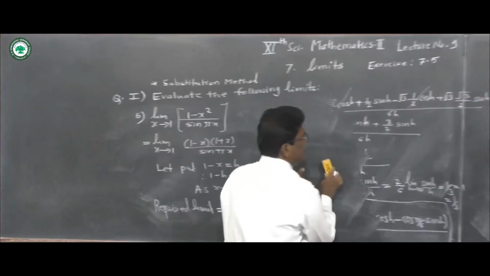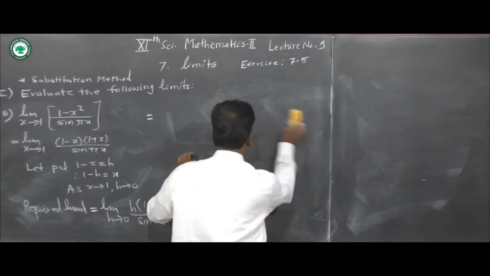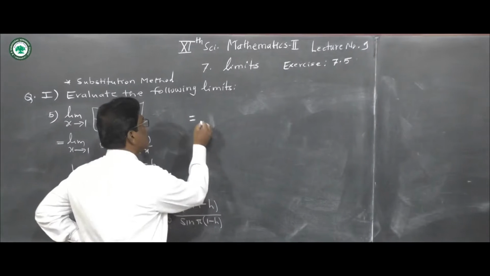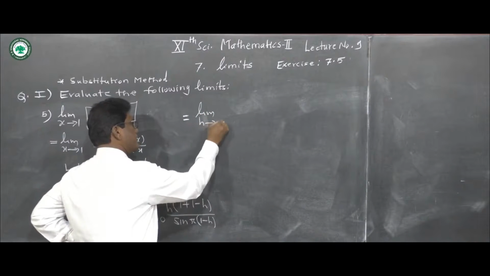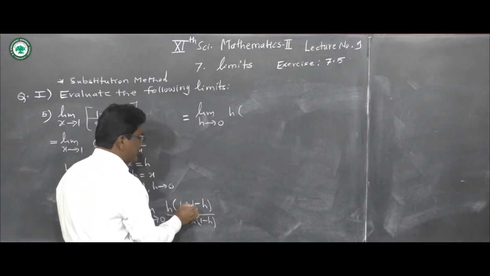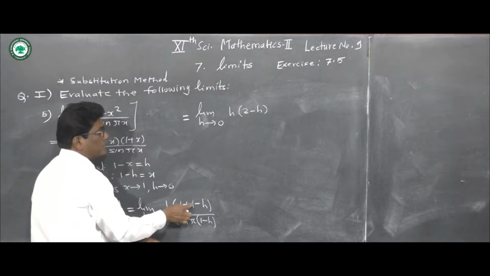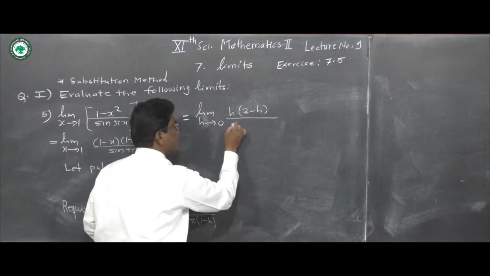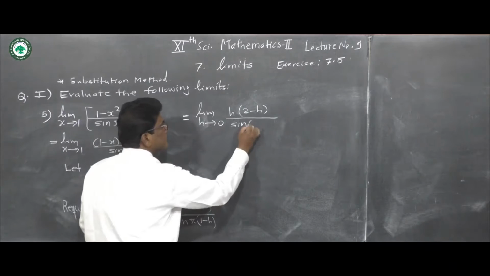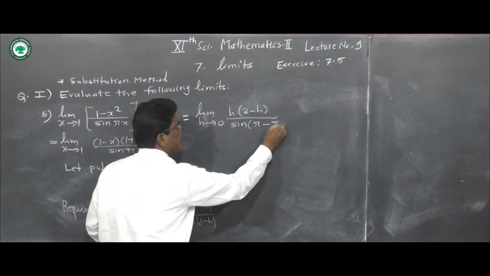So this is equal to limit as h tends to 0, h into (1 plus 1, that is 2 minus h). This h as it is, divided by sine of pi into (1 minus h), we multiply by pi inside the bracket, that is pi into 1, pi, minus pi into h, that is pi h.